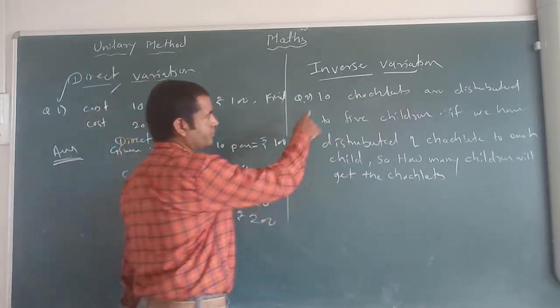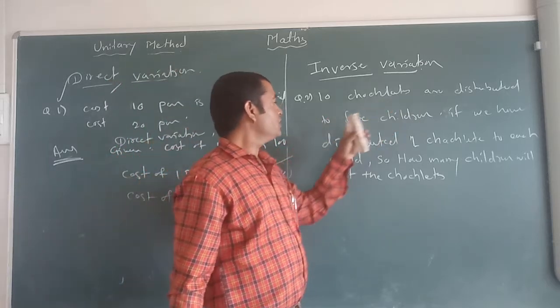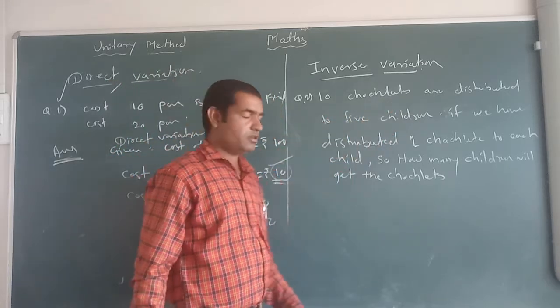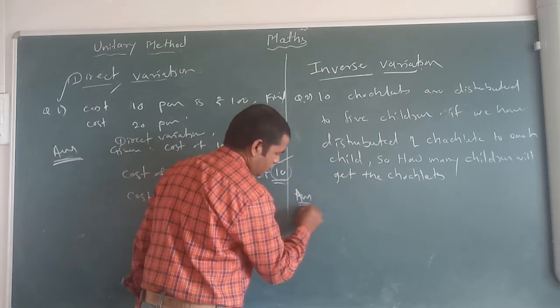So here 10 chocolates are distributed to 5 children. Okay, so here you can write the answer.